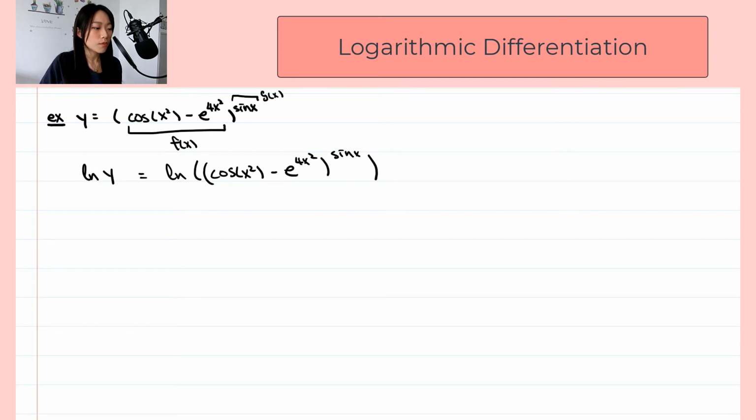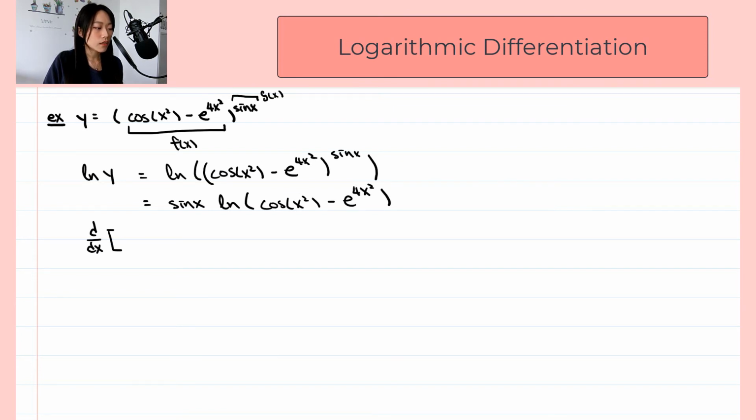Now we use the log property to bring the sine of x in front of ln. So this equals sine of x times ln of cosine of x squared minus e to the power of 4x squared. And then we'll use implicit differentiation to find y prime. So we're going to take the derivative on both sides.